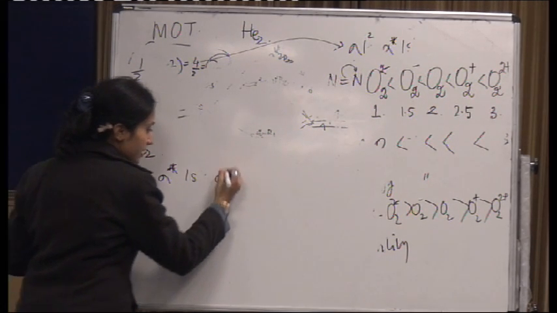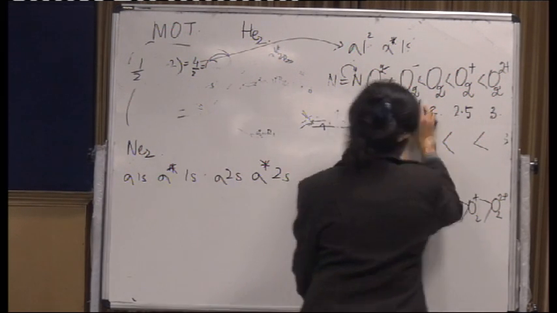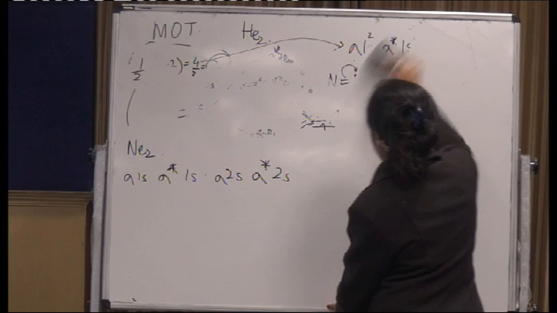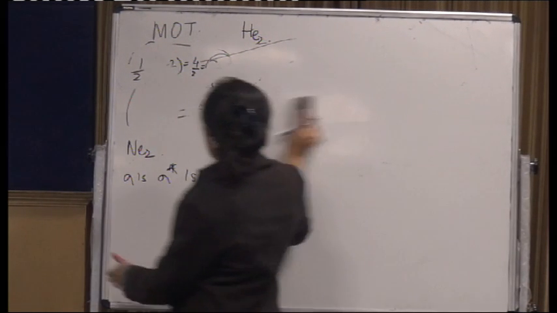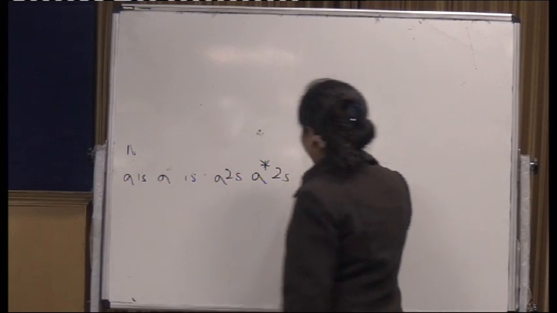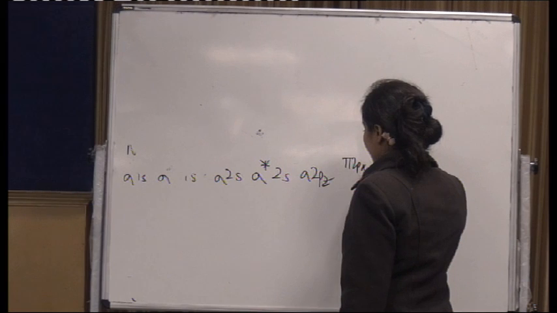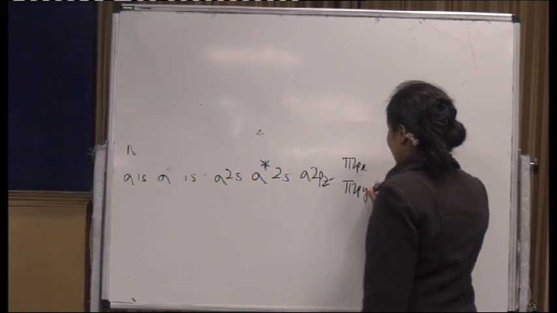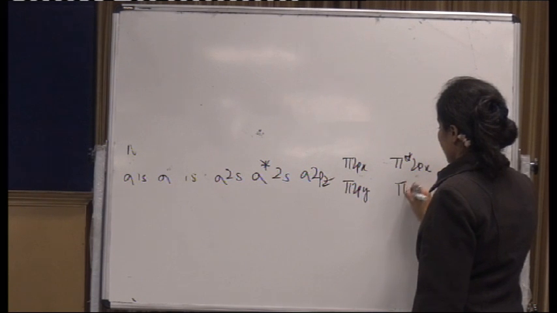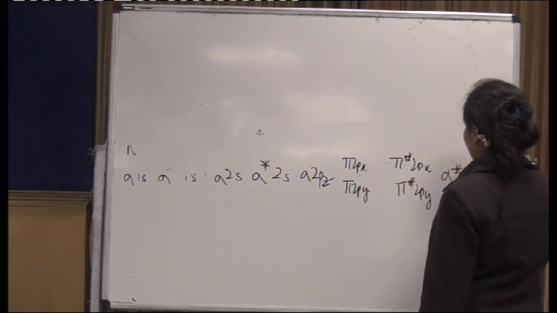Then you know it is sigma 2s, sigma star 2s. Then after nitrogen, starting from oxygen itself, you know that sigma gets filled first. So the order is sigma pi pi sigma. So you have sigma 2pz, pi 2px and pi 2py. Then you have pi star 2px, pi star 2py, and you have sigma star 2pz.